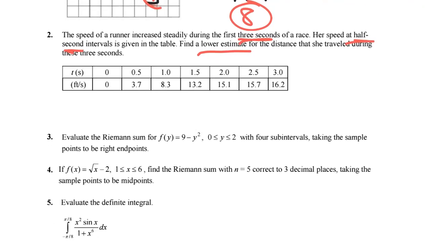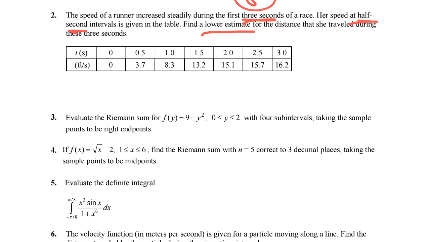It's harder to tell. But here, where it is steadily increasing, we want the lower estimate. So the lower estimate is going to be the left hand. It doesn't tell us, but I'm going to break it into these.